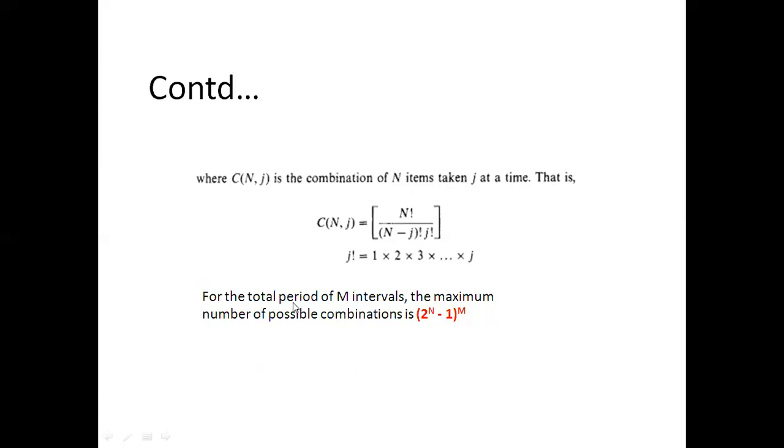So for the total period of m intervals, the maximum number of possible combinations is (2 to the power n minus 1) to the power m.